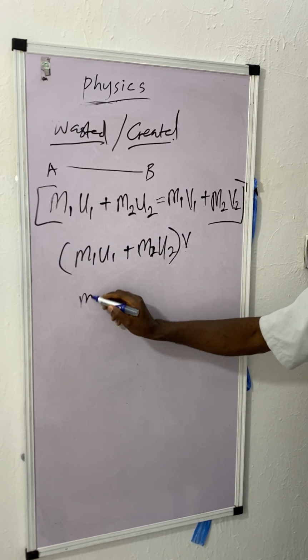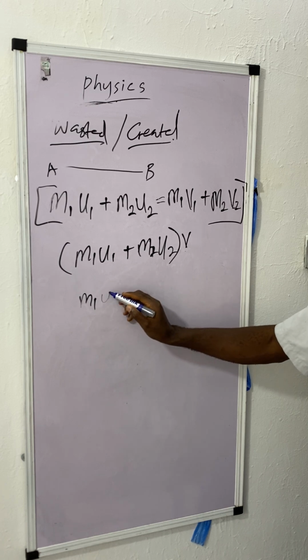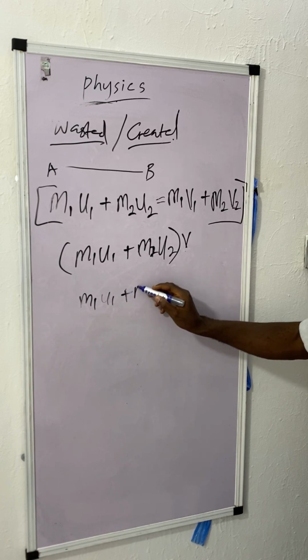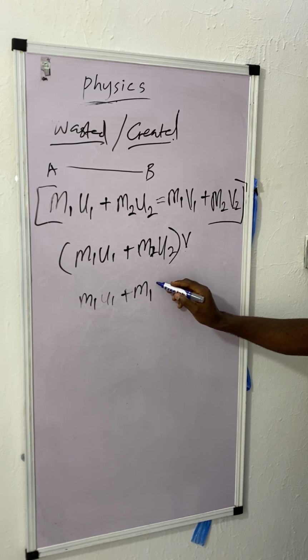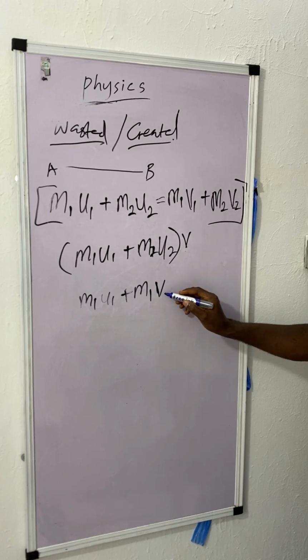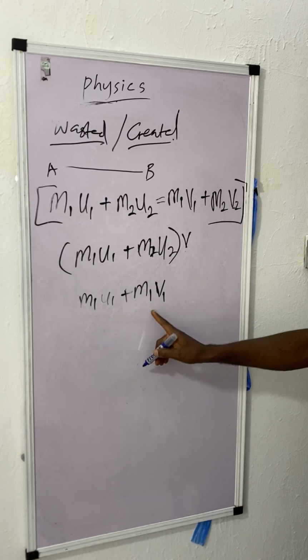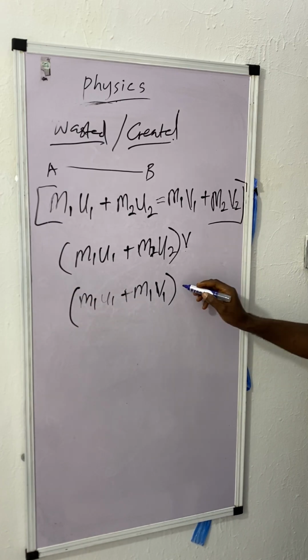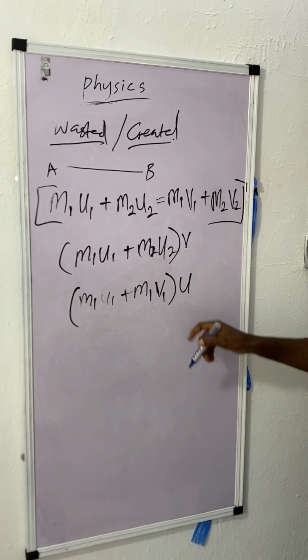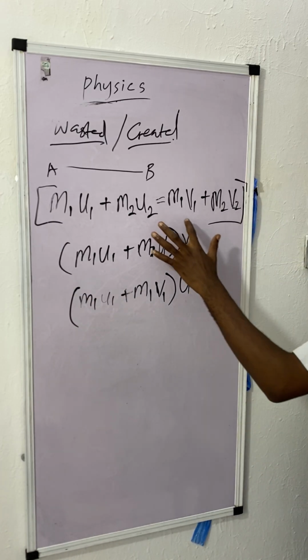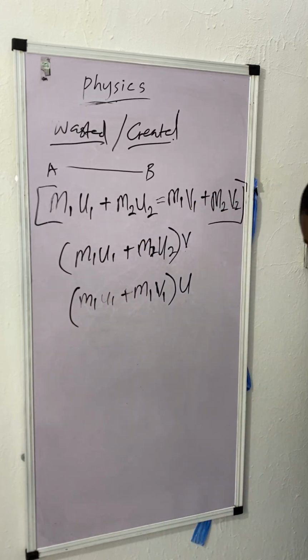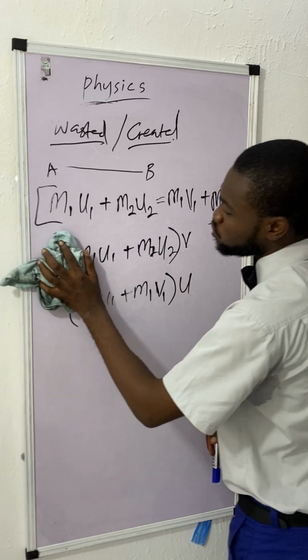Or you can just do m1 u1 plus m1 v1. So this one we are working on v, u. Depending on what you want, you are just going to use this to derive the formula that you are going to use to solve, depending on the nature of the question.